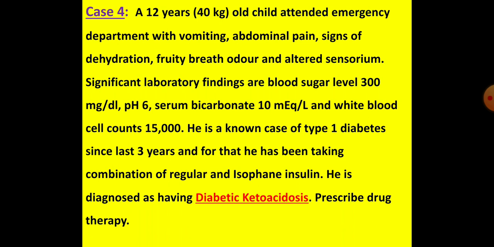Laboratory findings: the blood sugar level is 300 mg per deciliter and pH is 6, it's a highly acidic pH, WBC count 15,000, and the patient is a known case of type 1 diabetes since the last 3 years and is taking combinations of insulin. So, this is a classical case of diabetic ketoacidosis and you have to prescribe the drug therapy.